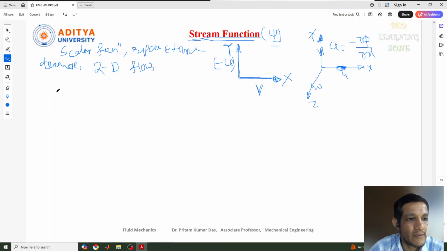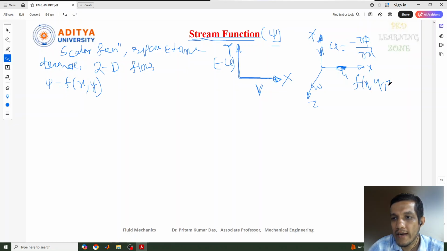So psi we can write as a function of x and y. Previously, what we wrote was a function of x, y, and z. This is for the steady case, and steady case means we do not need to consider time. So here also we have taken this.